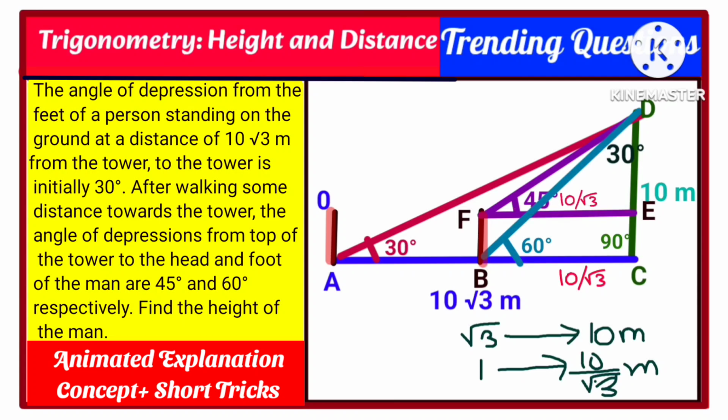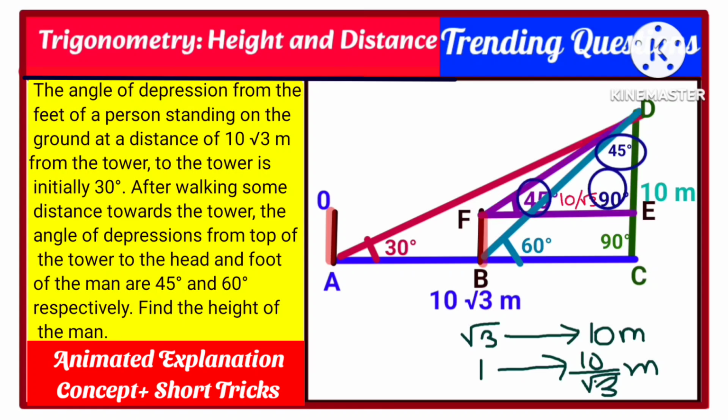Now let us consider this small triangle, that is DFE. Here as you can see, two angles are 45 degree and 90 degree, so the other angle will be 45 degree, so that the sum of all angles of a triangle is 180 degree.